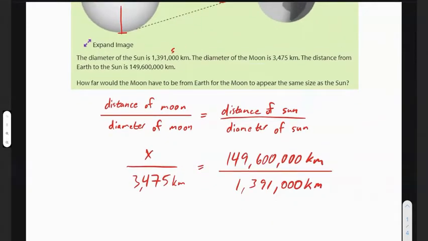So we're going to multiply the 3,475 kilometers times the 149,600,000 kilometers, which equals some ridiculous number, in the billions, and then divide by the 1,391,000.